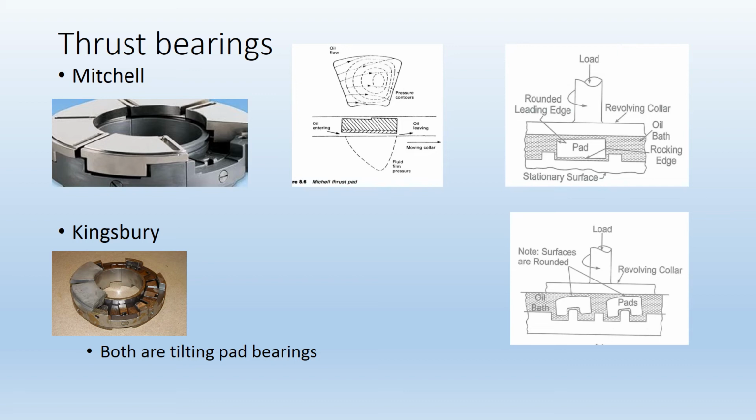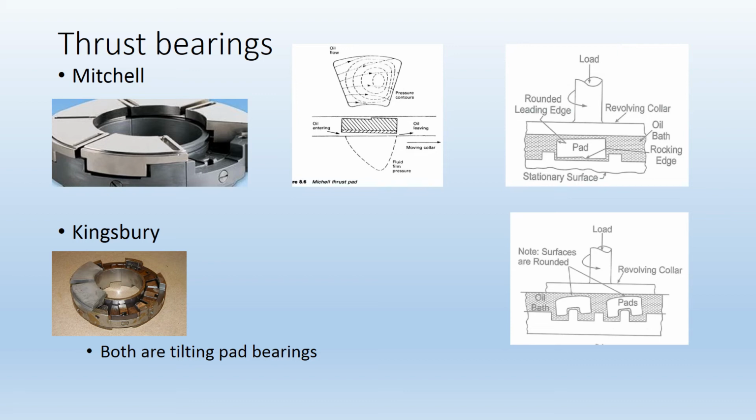The way that a tilted pad bearing works, first and foremost, the entire thrust bearing must be flooded with oil. It has to be fully flooded. Once you've got this fully flooded chamber, you have a rotating collar, and that rotating collar is pressing up against the tilted pads.